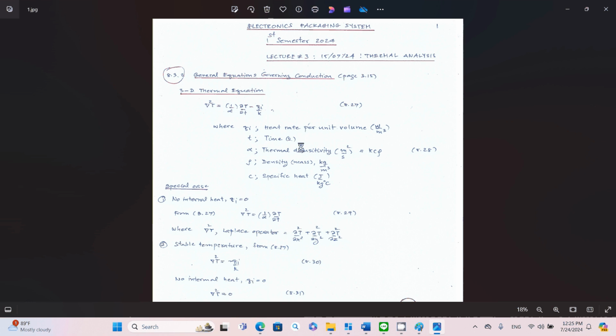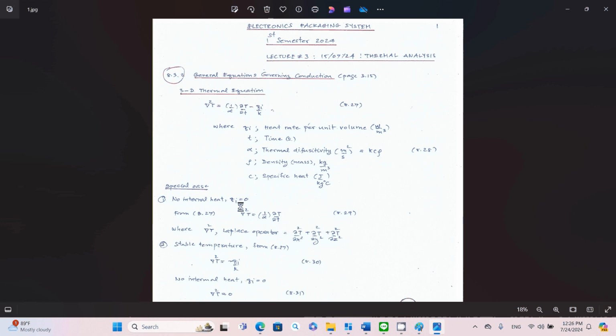Del squared simply is the Laplace operator. That's the second partial derivative of the temperature with respect to x squared, plus the second partial derivative of the temperature with respect to y, and so on. For the special case, we're going to solve the equation, looking for the temperature in terms of time.